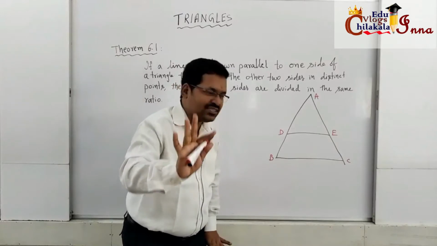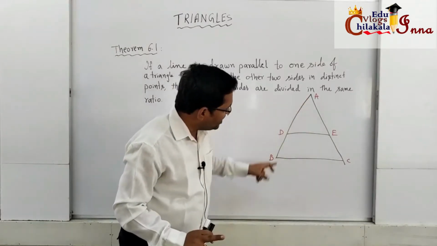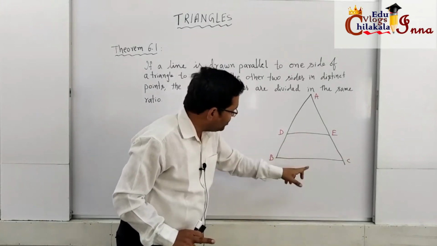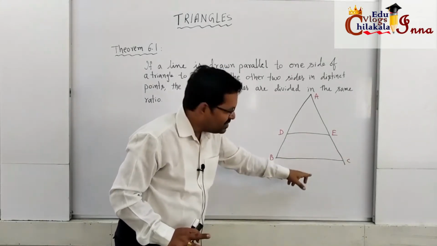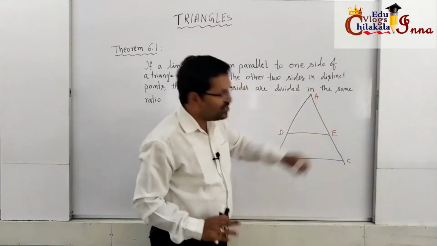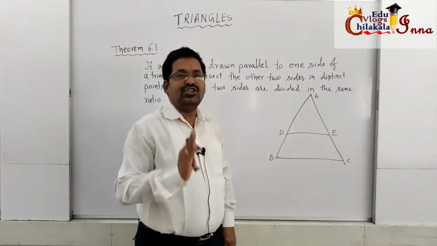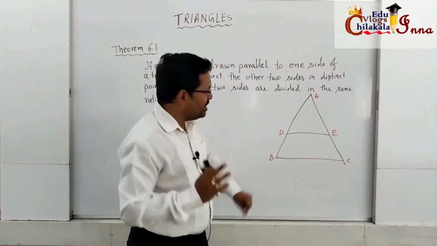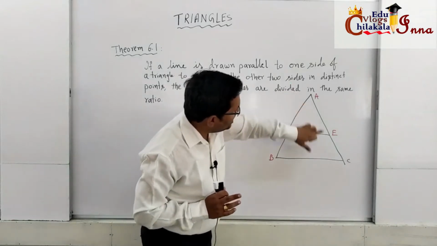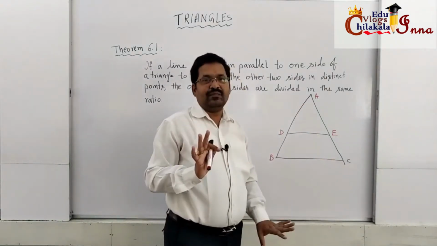It is very simple to understand. If you take a triangle ABC, we have drawn DE and DE is parallel to BC. Then DE will cut these two sides in the equal proportion. That means AD by DB is equal to AE by EC.